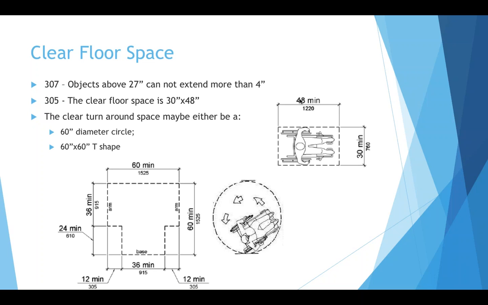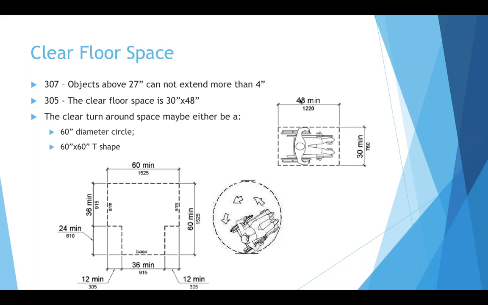So that's where that protruding object comes from. And also it does impact your clear floor spaces. When your wheelchair isn't in motion, so if you're in front of any device, that could be your lav, your dispensers, you need to provide that clear floor space of 30 inches by 48.